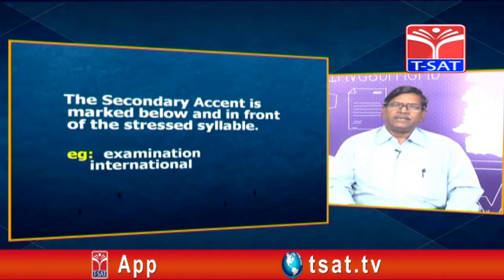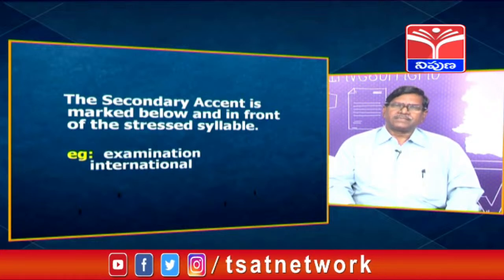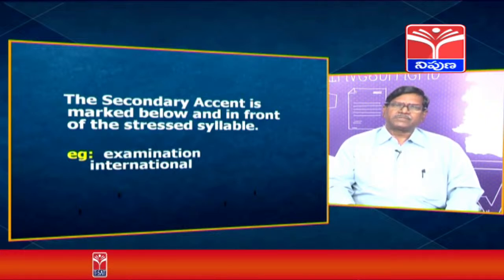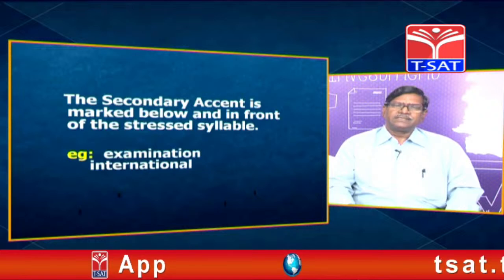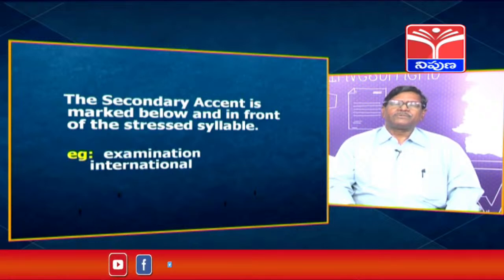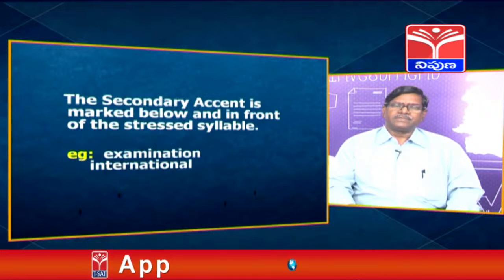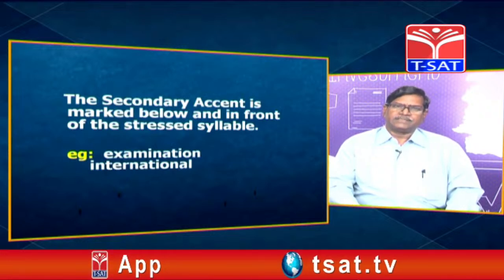That way, in the case of all polysyllabic words, one syllable gains more importance and is said to receive primary accent, and another syllable which gains less prominence is said to receive secondary accent. So, in polysyllabic words, two syllables gain stress.